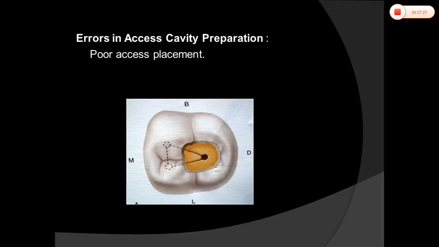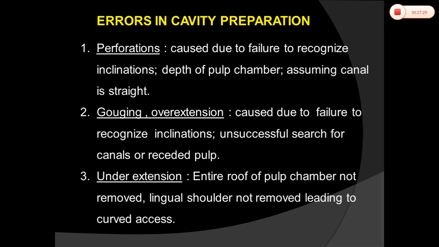So remaining your perforation, we discussed gouging or overextension is just caused due to failure to find the canals, that is, you have removed a larger amount of tooth structure rather than ending into the pulp chamber. So it's because of unsuccessful search for canals.